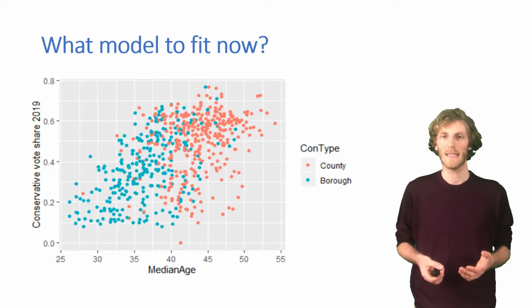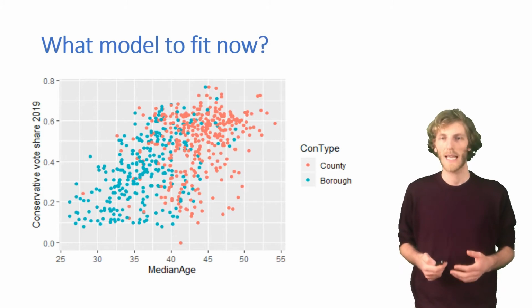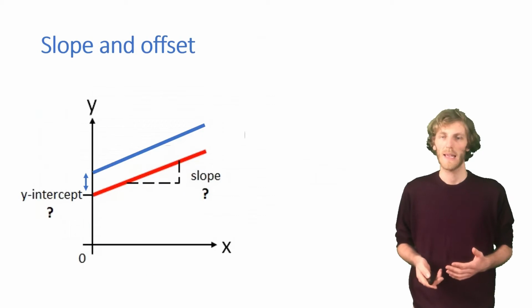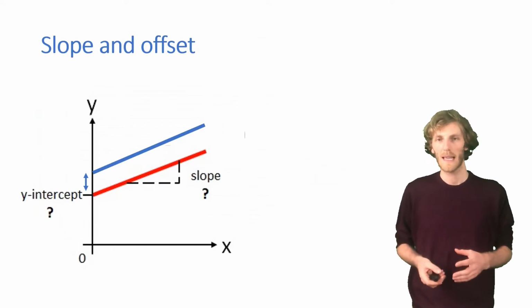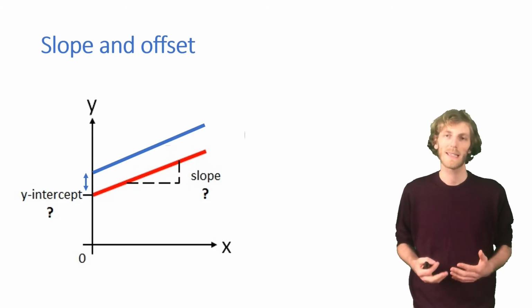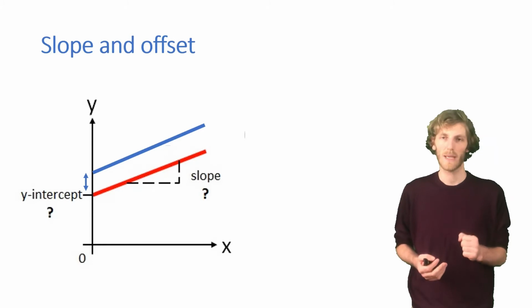we might get the idea of now fitting separate lines. And the most straightforward way of doing that is to just think about the two effects separately. So we have an effect of age. That effect of age determines the slope of the lines. Then we have an effect of constituency type.